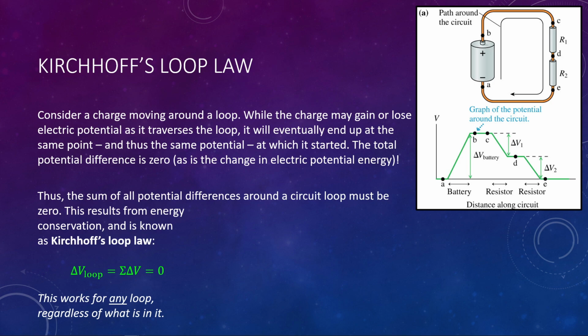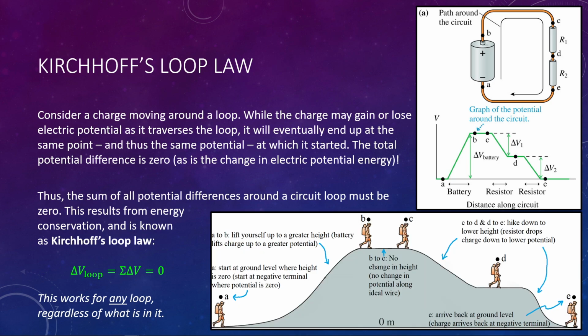So I've kind of adapted it to give you something new. Think of this in terms of gravitational potential energy. It's hard to imagine electric energy and potential energy and voltage and all these things because we can't actually see the charges. We can't actually see them moving up in the battery and down in the resistors. So think of this in terms of gravitational potential energy.